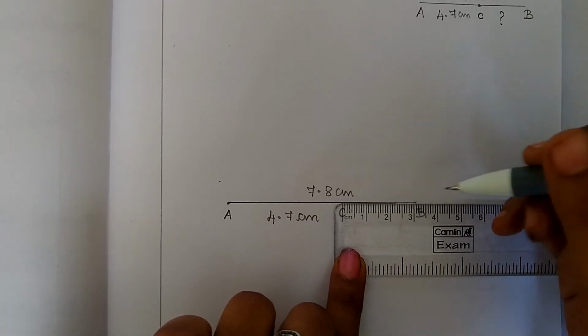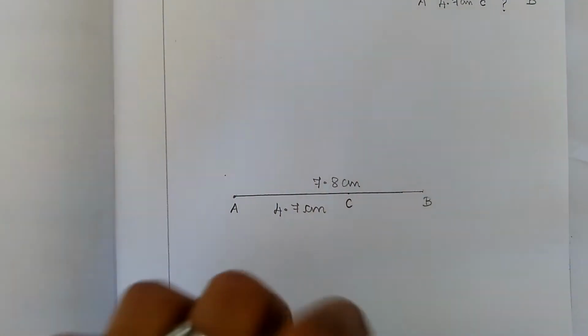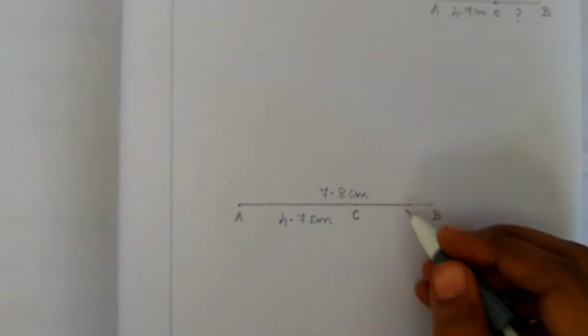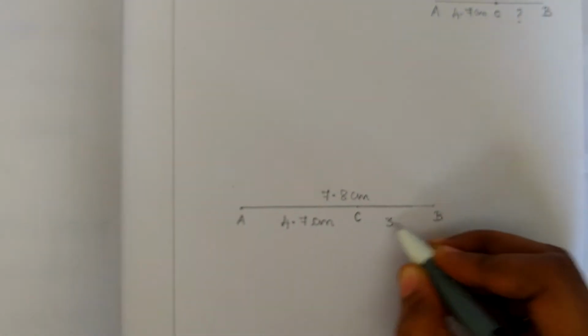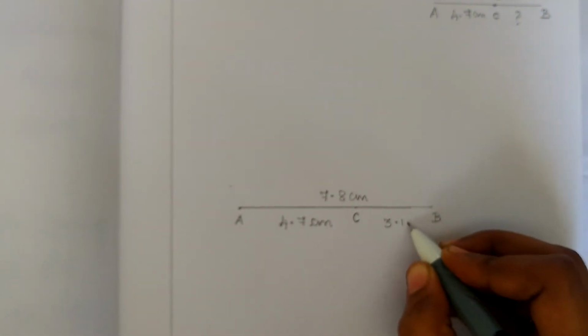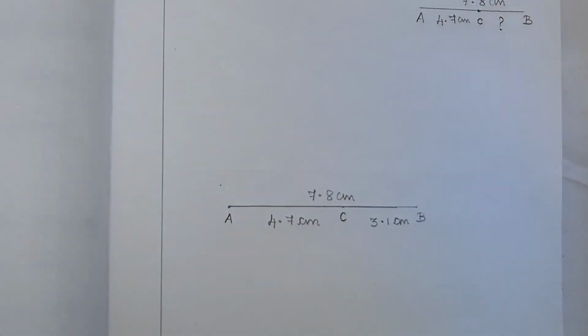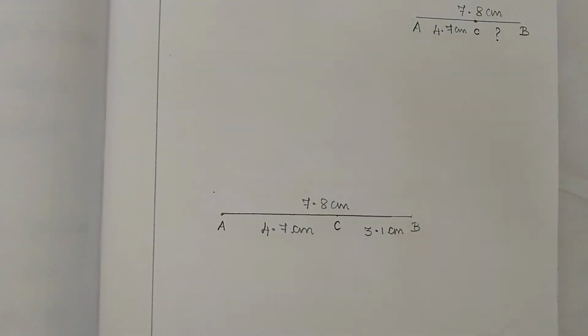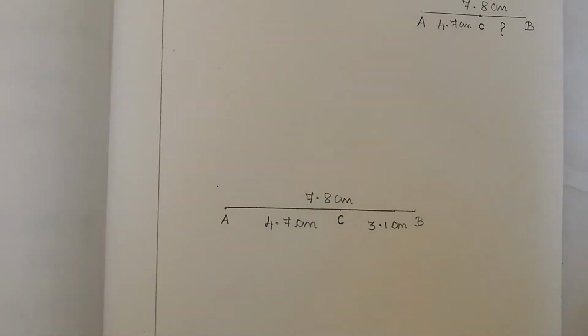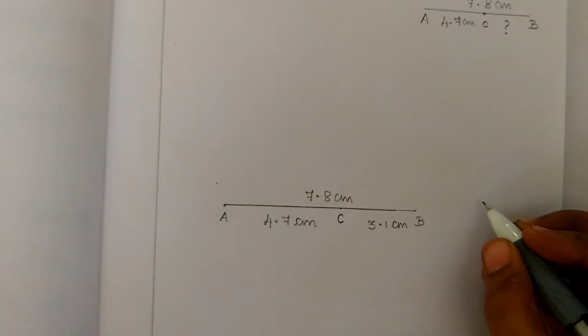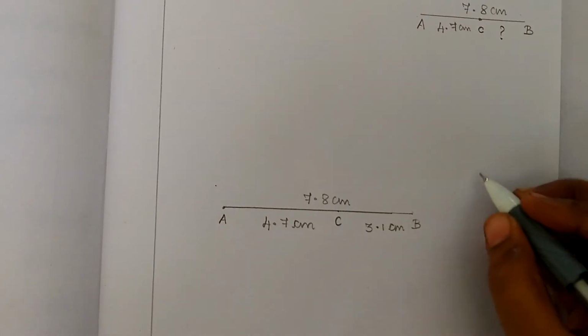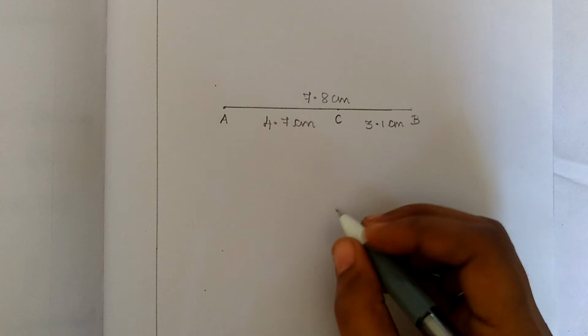So the measurement of line segment BC is 3.1 centimeter. If you have any doubt, we have to check. This is the rough one.